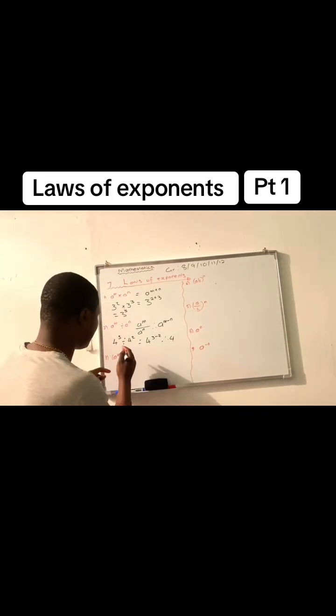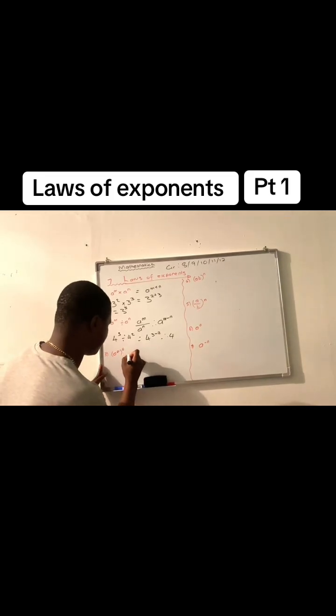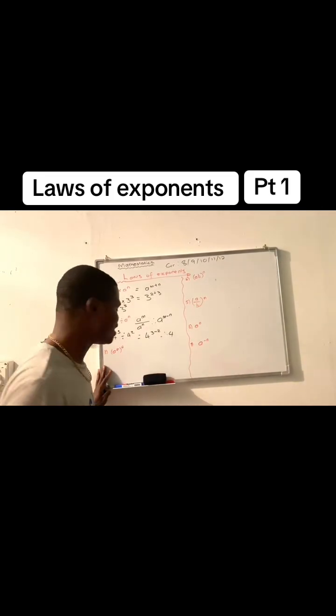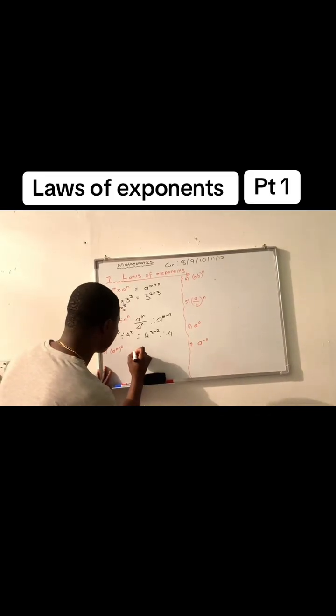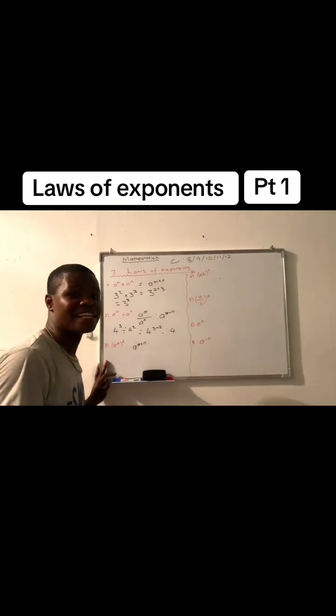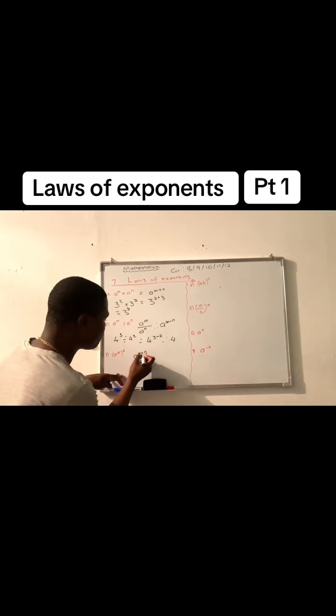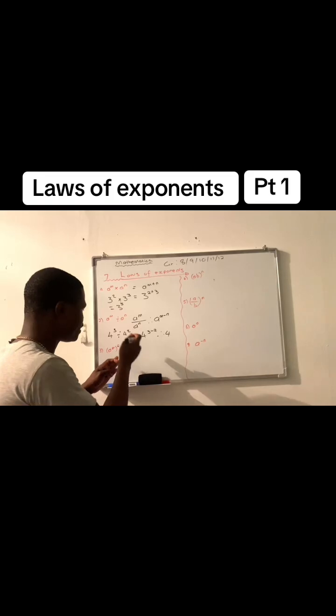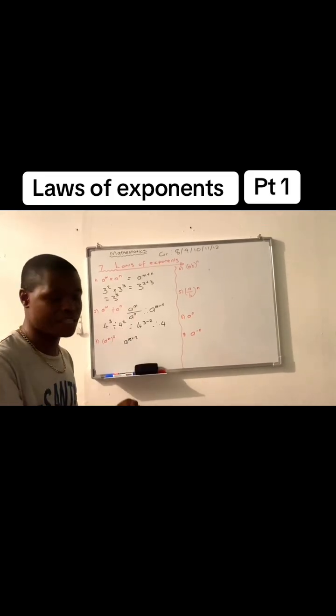So you have a to the power of m times n. They want you to multiply the exponents if you've got an exponent in the bracket and outside the bracket.